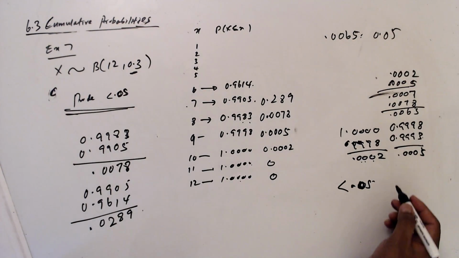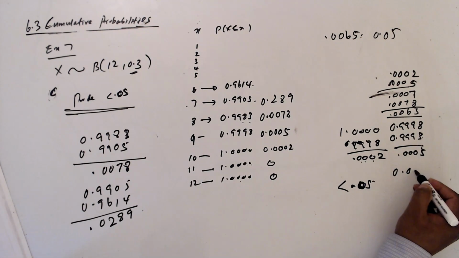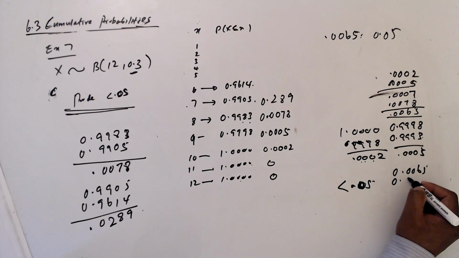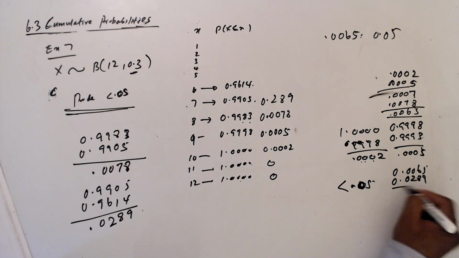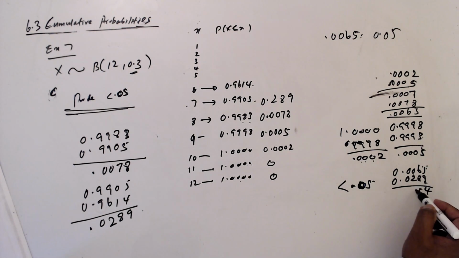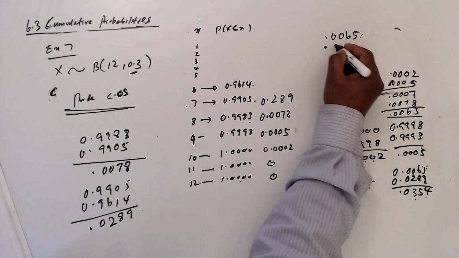So the total is 0.0065 and 0.0289. So this is going to be 14, so 0.035. So I will add this one to that.